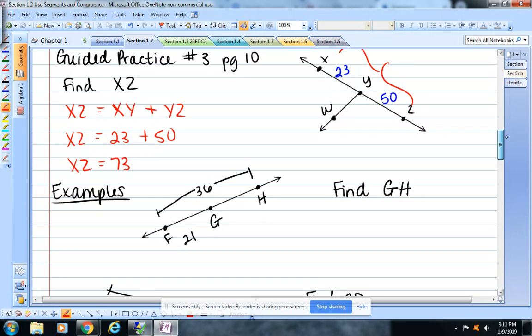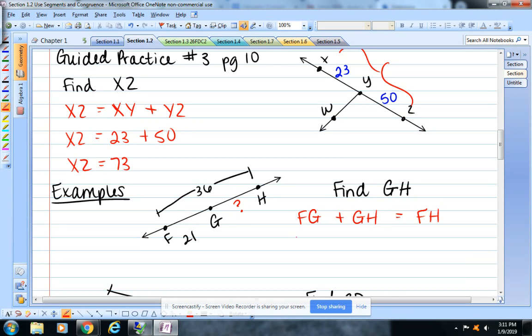Moving right along, this one's a little bit different. This time they give us the length of the entire large segment, and we have to find the length of one of the smaller segments. It says find the length of GH. GH is this segment right here, that's the one we're trying to find. So remember I told you little plus little equals big. I've got the little segment FG and little segment GH, and added together those equal the segment length for FH.